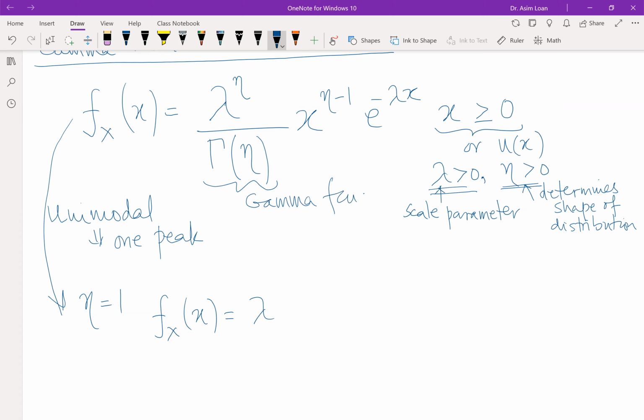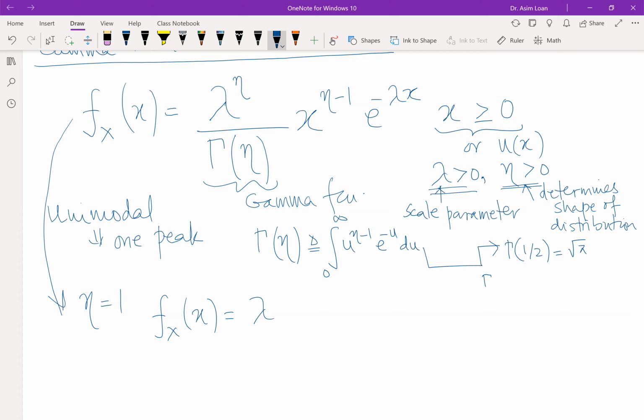The gamma function is defined like this: gamma of eta, where a triangle on top of an equal sign means a definition, is the integral from 0 to infinity of u to the eta minus 1, e to the minus u, du. So this is the definition of the gamma function.